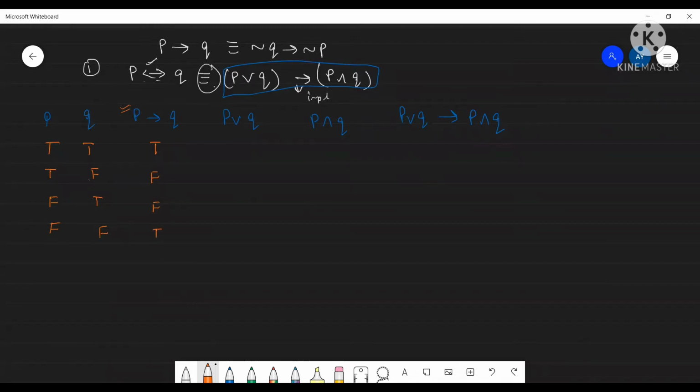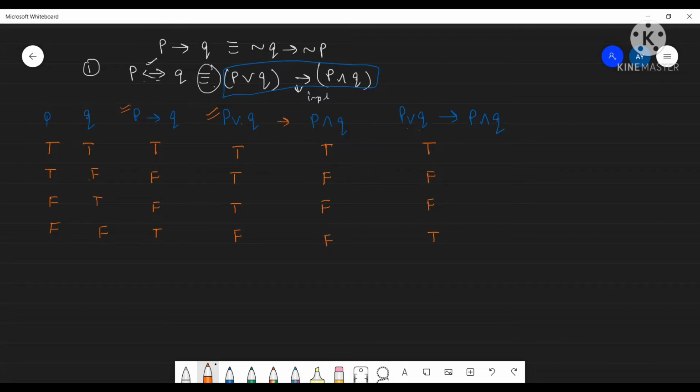If P is true and Q is false, the statement will be false. So P or Q will be true, true, true and false. Now coming to AND, if you have even one F, the entire condition will be F. That is true, false, false and false. Make sure that you are perfect with the definitions of conditional, biconditional and all. Now P or Q implies P and Q will be true, false, false, true. Am I clear till here?